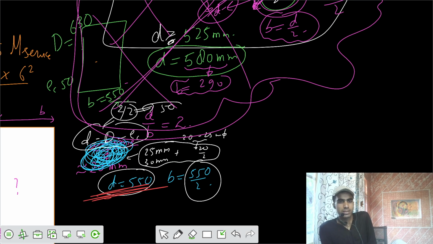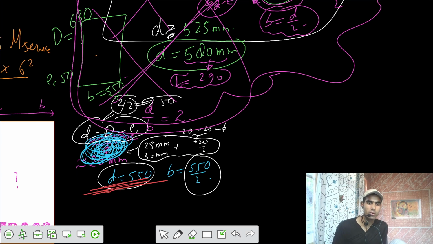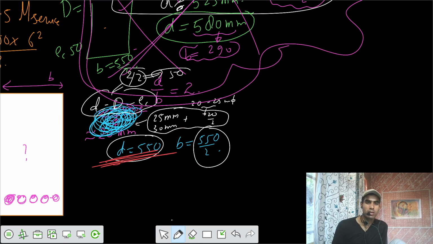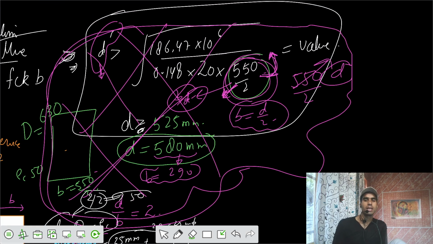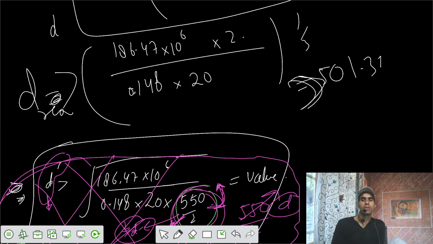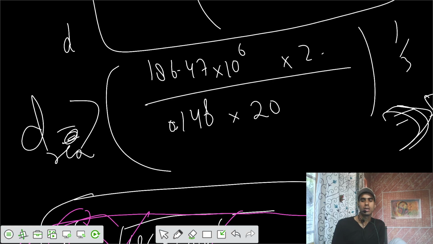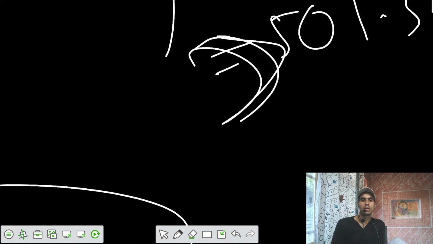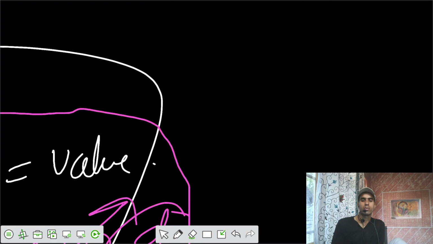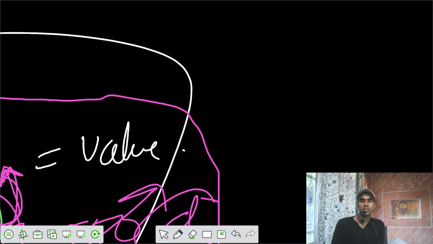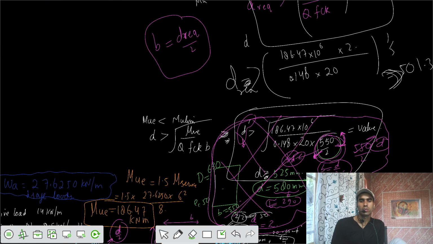If I take the same value as per the initial value, because we are increasing some 40-50 millimeters, let's go to some side and write here.